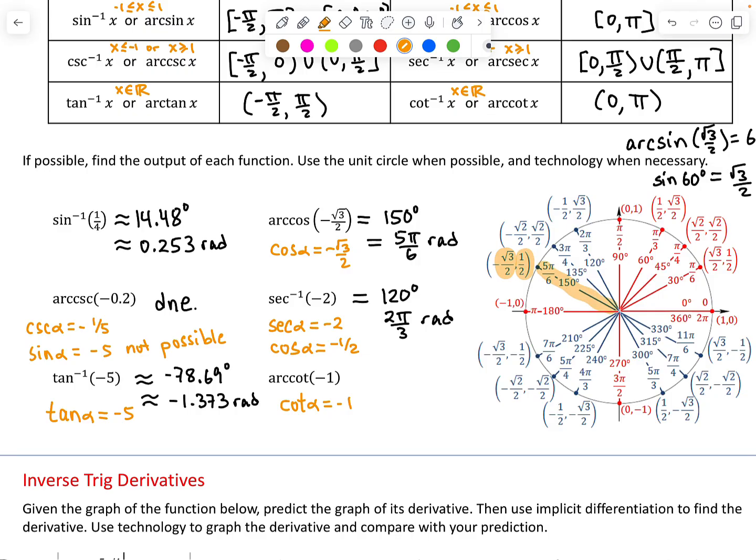Therefore, at this angle here, the cotangent would be -rad 3, which is not -1. However, at the angle 3 pi 4ths, the cotangent is -rad 2 over 2 divided by +rad 2 over 2. That does simplify to -1. So this is the angle that I am looking for, 135 degrees, or 3 pi 4ths radians.